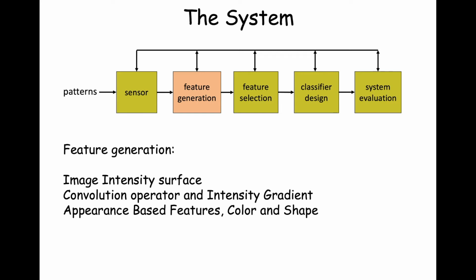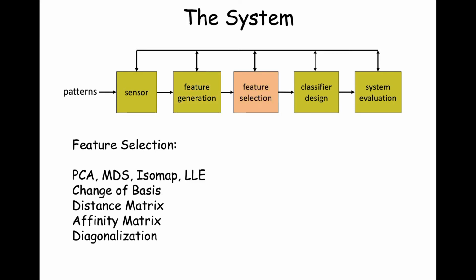We did that along X and Y, and we can use that to get the orientation of an edge as well as the edge magnitude. We looked at appearance-based features. We looked at color and shape in particular and discussed the concerns about the specificity of your image content depending on what your choices were for this appearance-based color representation.